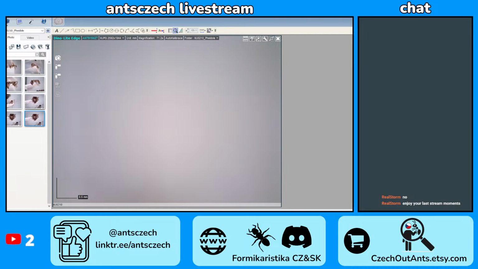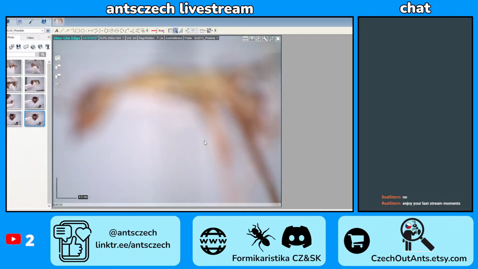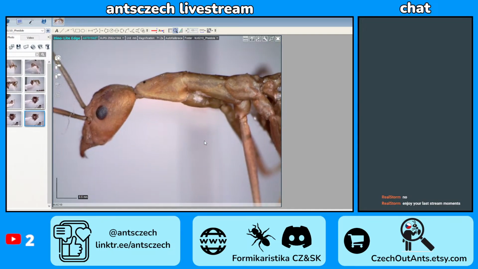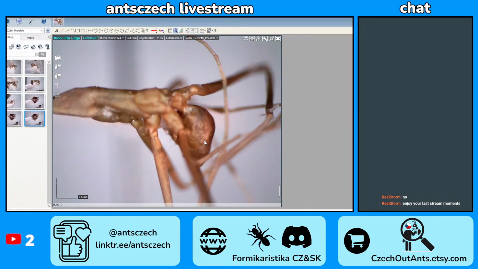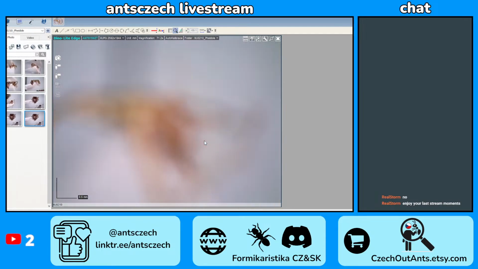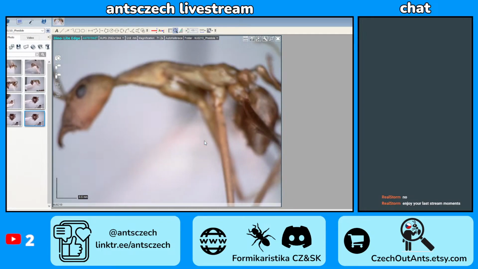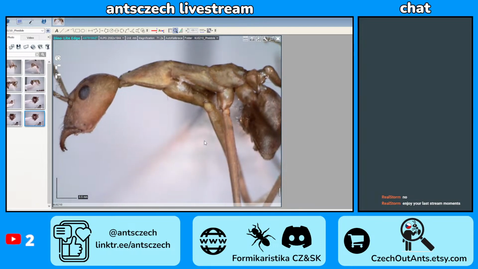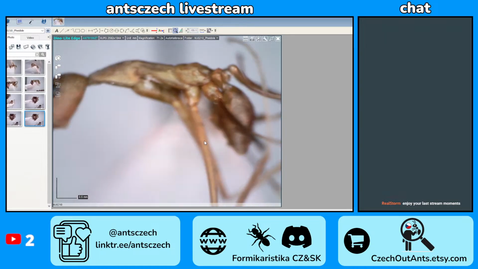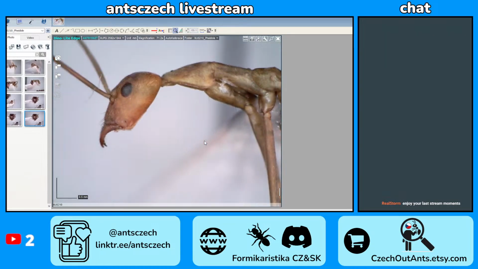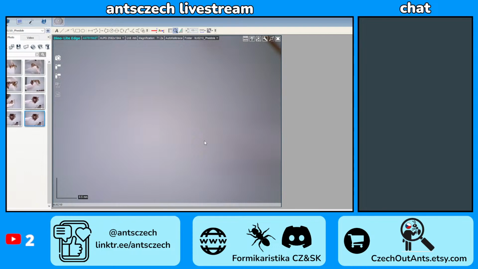Wow. Cool looking wheel. What is this? It's not Pheidole. I posted it in the chat just for the other people to see it as well. Okay. It's some kind of Staphylinid, like ant-loving beetles, rove beetles, whatever. But this looks like Leptomyrmex or something.